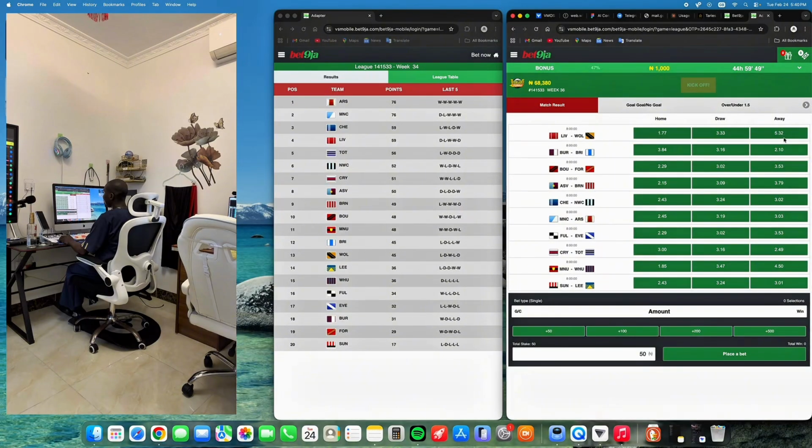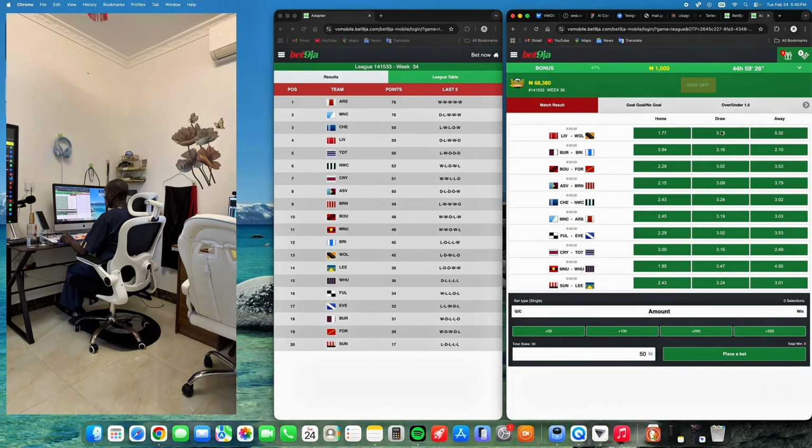When a team is having 5 odds on the away side, the chances that the home team will win are high, and for the away team to make a straight win, chances are slim. So we can use that and stake on the home team to win.